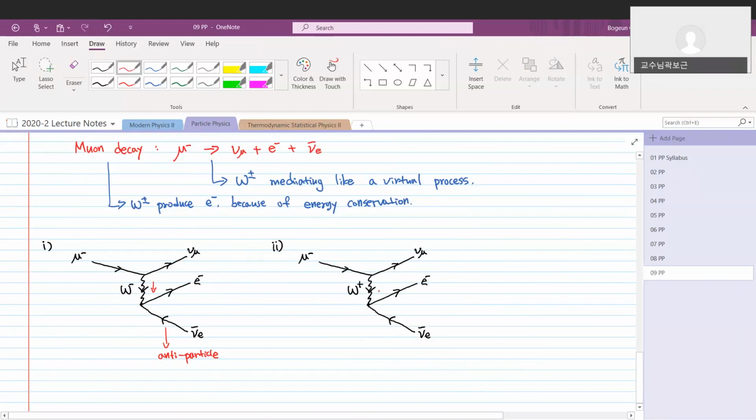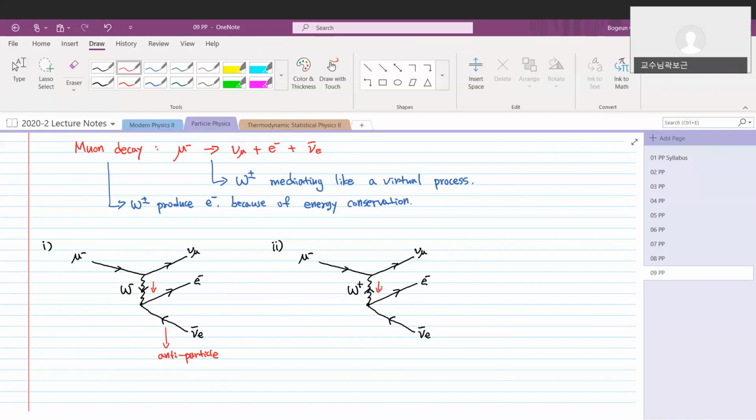But in this case the direction of the W boson goes upward, and the plus charge goes up, then the negative sign goes the same way, down.